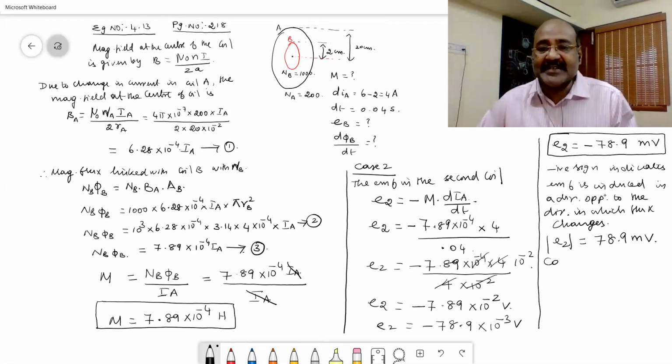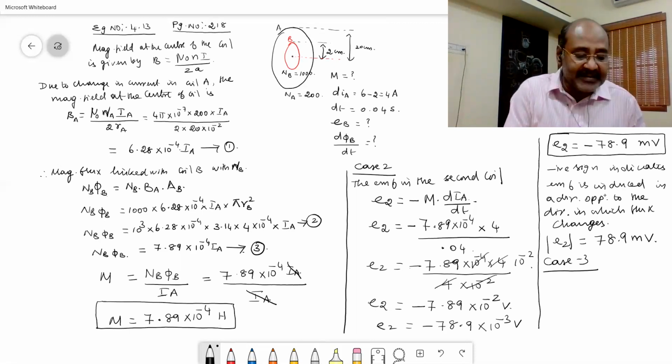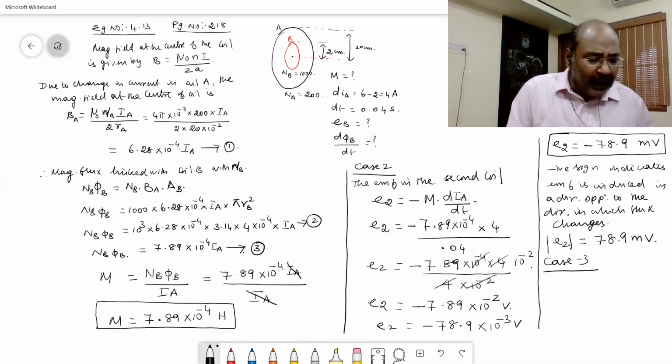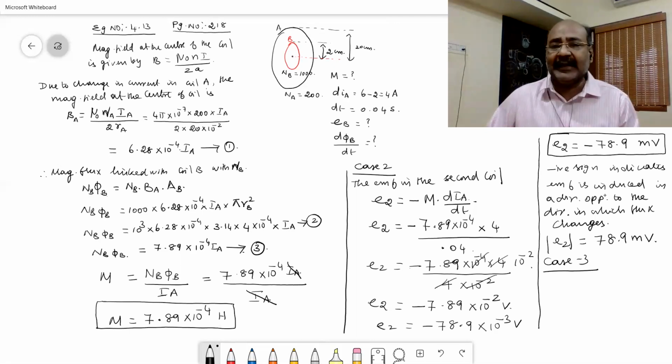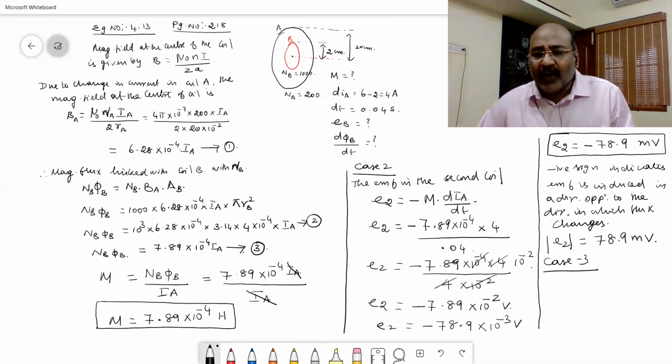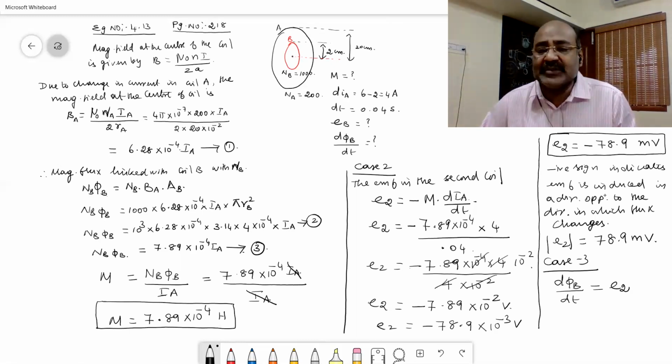Okay, what is case 3? What is the third question asked? Determine the induced EMF in the coil B and the rate of change of flux through the coil B at that time. What is the rate of change of flux? d phi_B divided by dt is the rate of change of flux, which is nothing but the EMF induced E2.